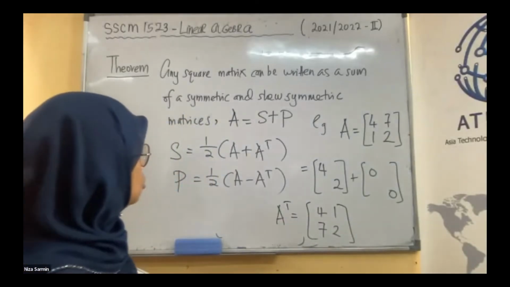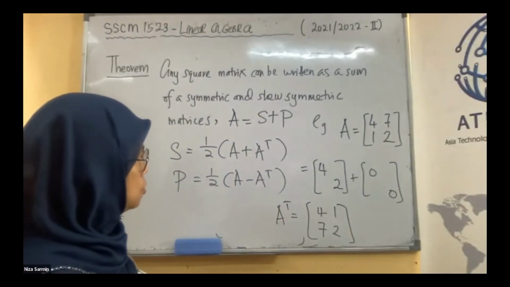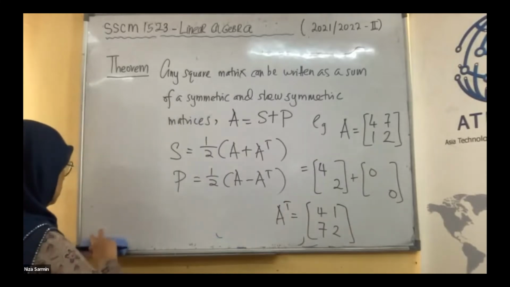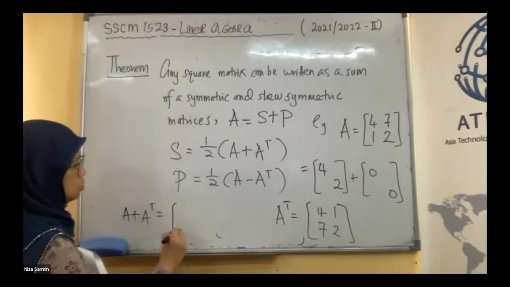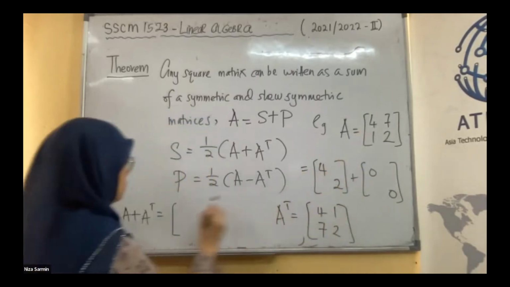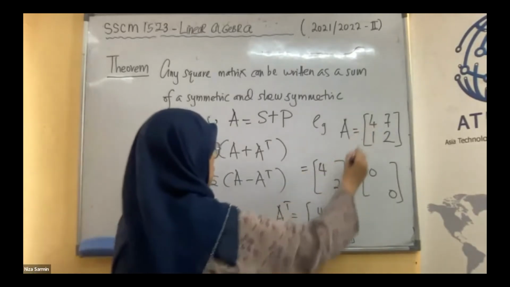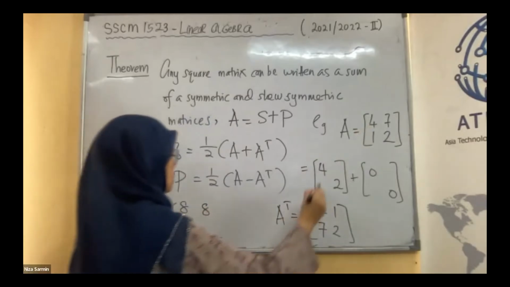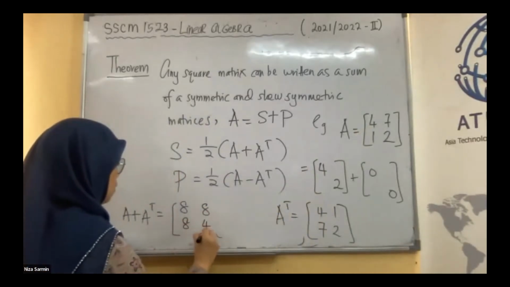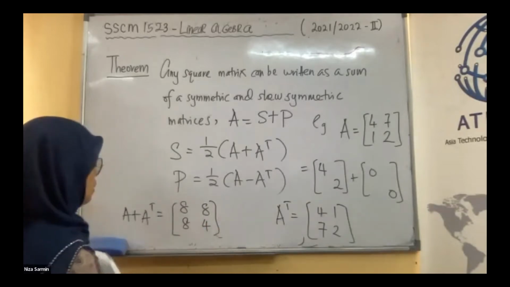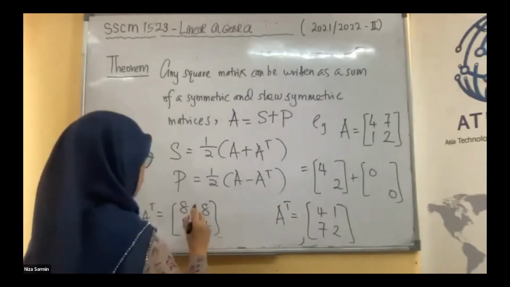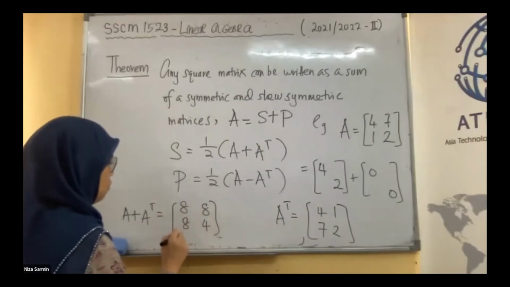So what is A plus A transpose? You add these two. You got 8, 8, 8, 4. Okay, so half of this is 4, 4, 4, 2.